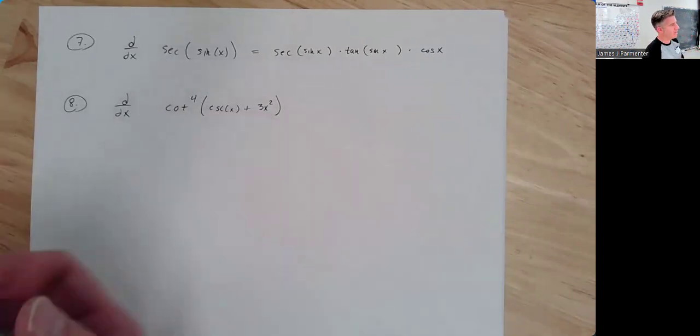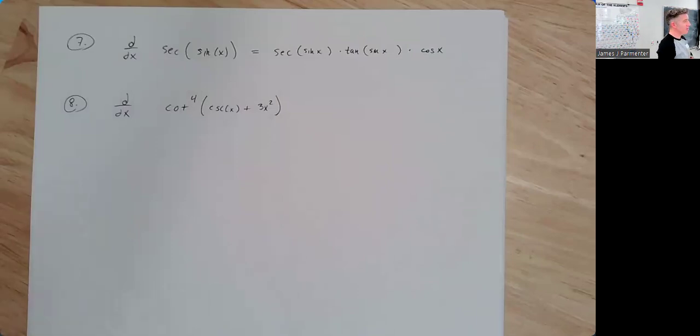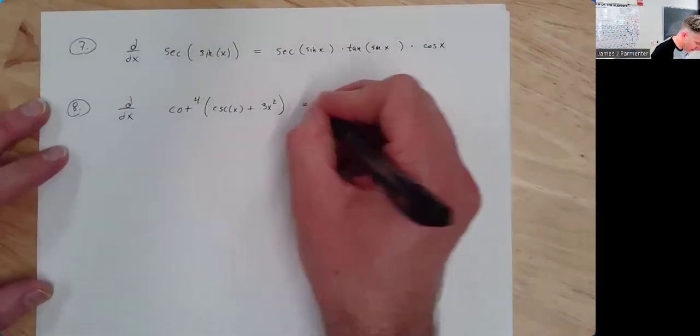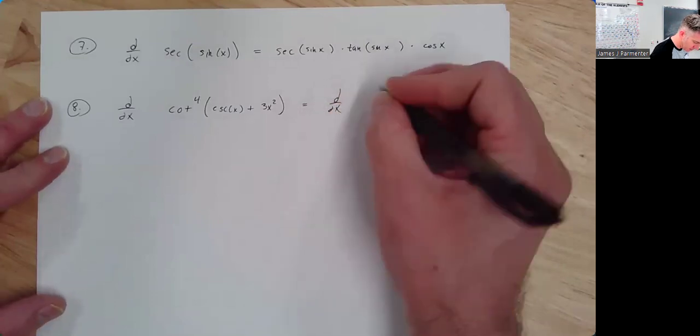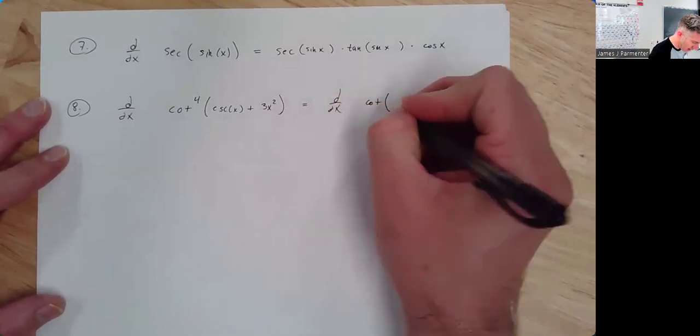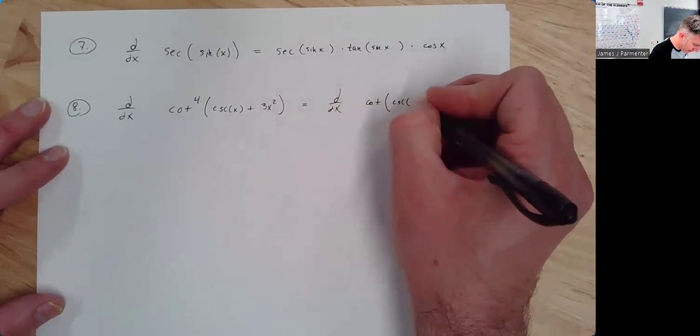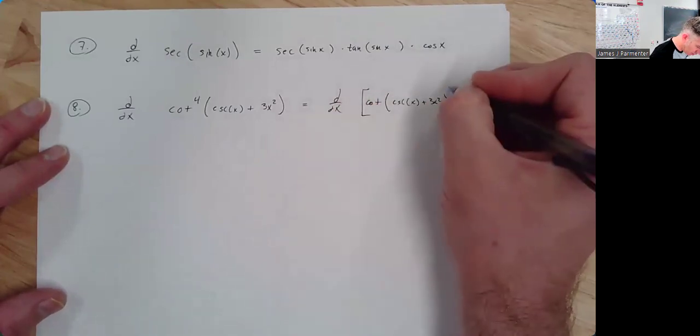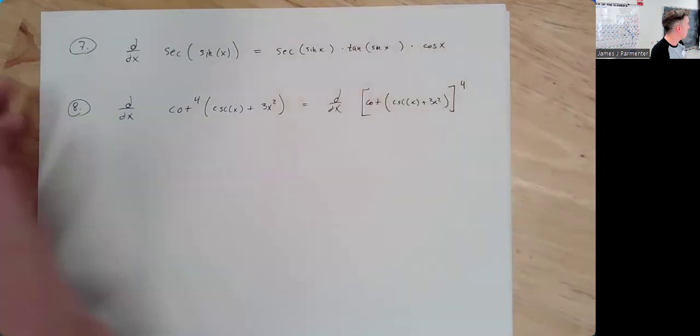Here, it might not be super obvious, but cotangent is not the last function that gets applied. So this abbreviated notation, cotangent to the fourth, I would really recommend rewriting as cotangent of cosecant of x plus 3x squared, all raised to the fourth power.